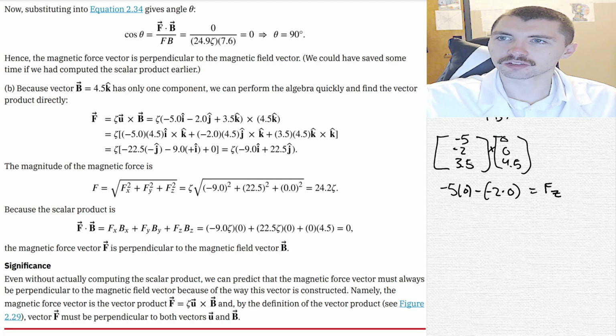Now the x is going to be -2 times 4.5 minus 3.5 times 0. That's going to be -9 equals fx.